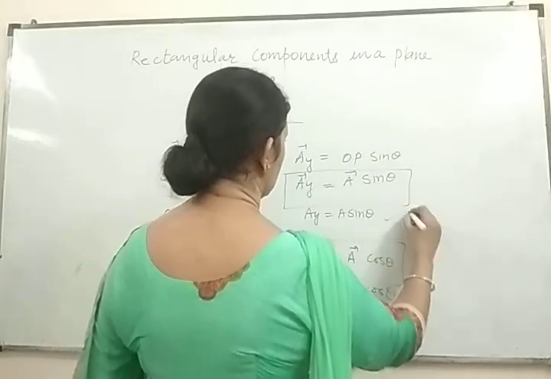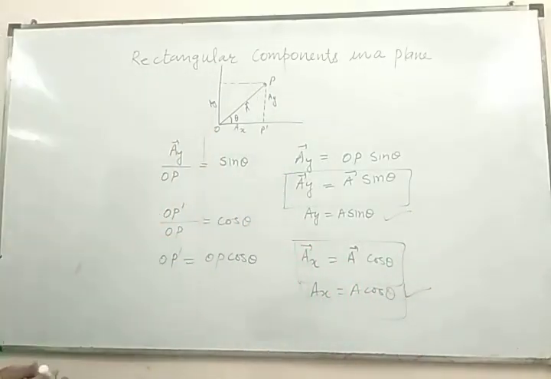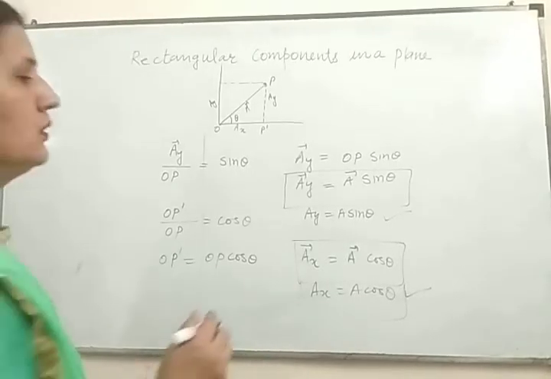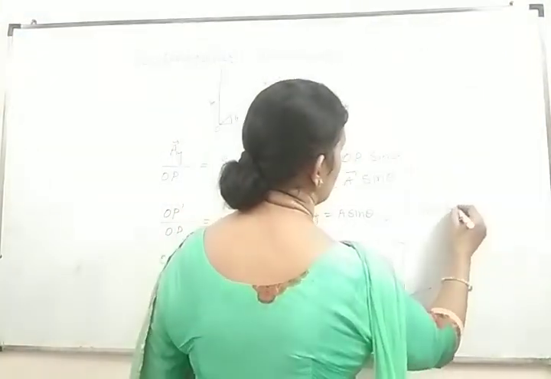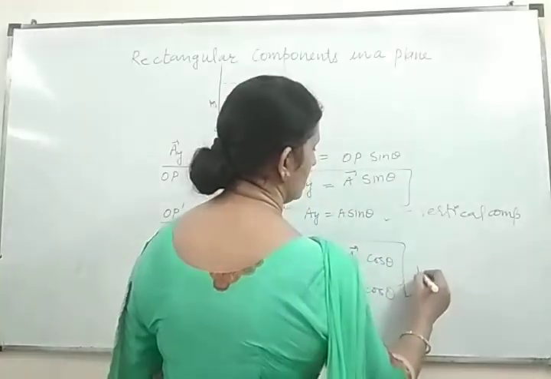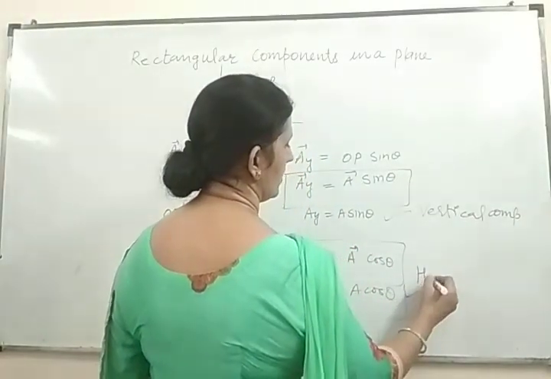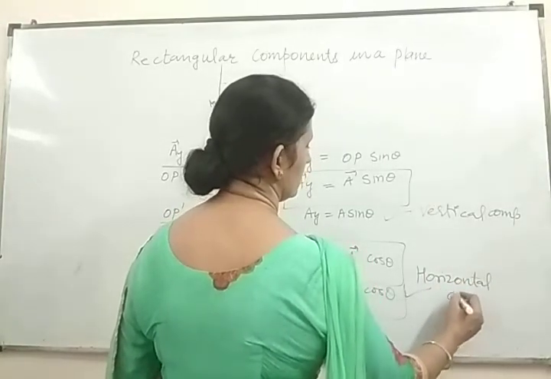So these are the rectangular components along the x-axis and along the y-axis. Note down. The sin theta component is known as the vertical component and the cos theta component is known as the horizontal component.